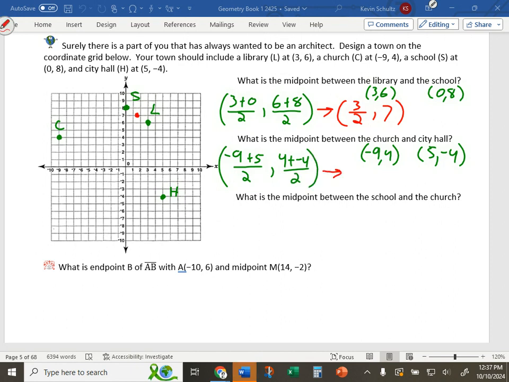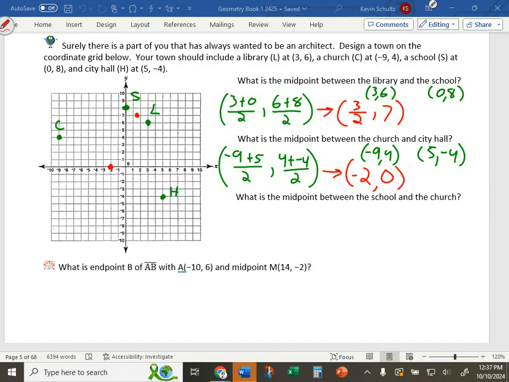Negative 9 plus 5 is negative 4, divided by 2 is negative 2. 4 plus negative 4 is 0, and 0 divided by anything is 0. So negative 2, 0.